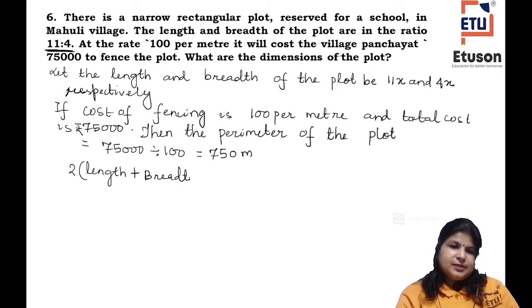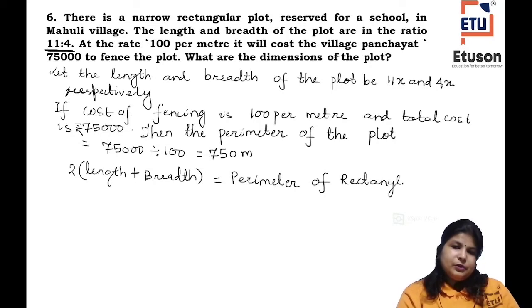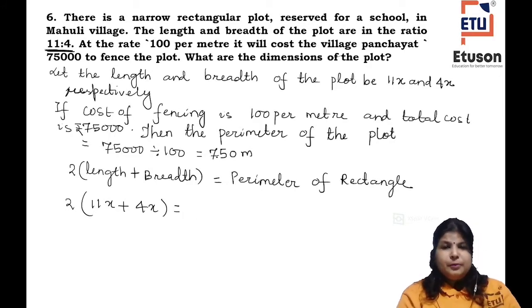So that is equal to the perimeter of the rectangle. Now we will put the variables which we have considered in place of length and breadth. So 2 into length, how much? That is 11x. Breadth, how much? It is 4x. That is equal to the perimeter, which is 750.